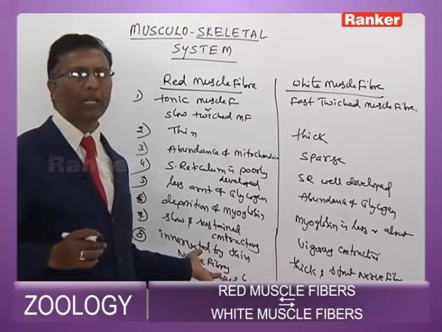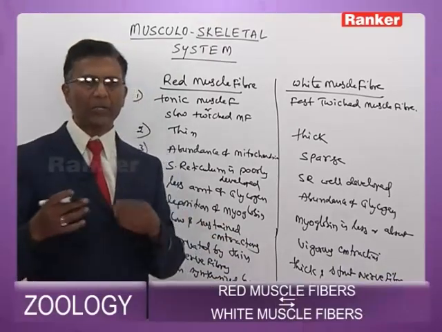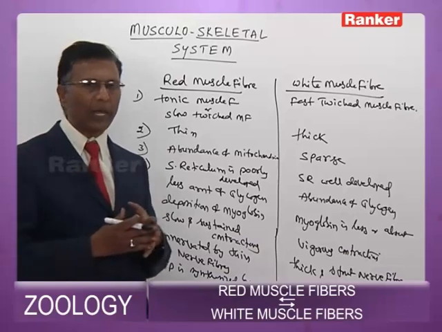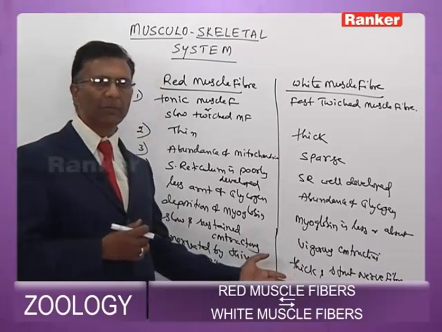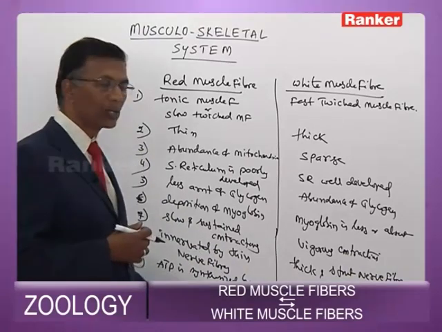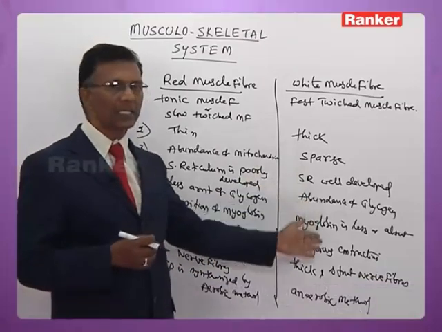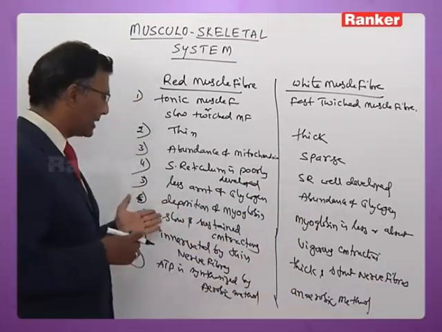They cannot rely upon the aerobic method because the aerobic process is slow and takes a lot of time to synthesize ATP. Till then the muscle cannot wait. That's why it makes a fast buck of ATP through the anaerobic method, whereas red fibers synthesize ATP slowly by the aerobic method. Hence the contractions are slow in red fibers and fast in white fibers.